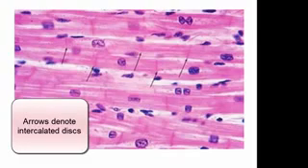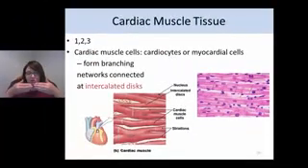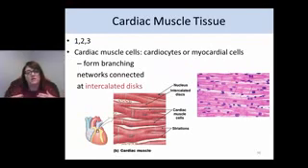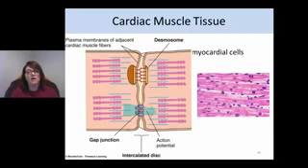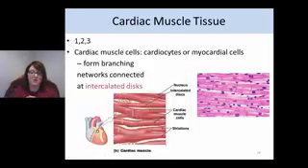And they are physiologically significant because they're not just a bunch of glue keeping these two cells together. There actually are tiny little canals within the intercalated discs that allow one cell to share things with its neighbor. So the cytoplasm of one cell is continuous with the cytoplasm of the neighboring cell. And all cardiac muscle cells are connected to each other through these intercalated discs.